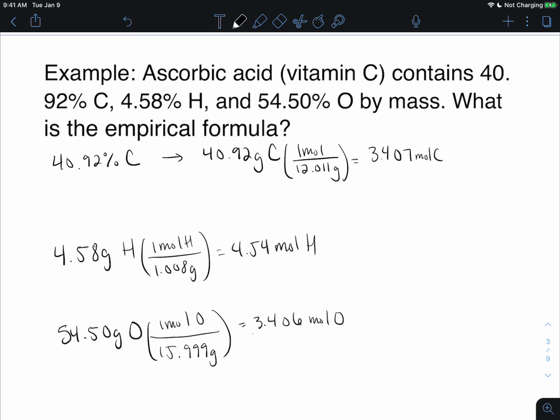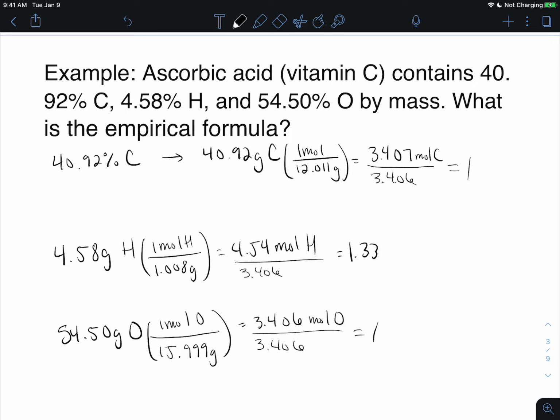So our smallest is oxygen, so we're going to divide all of them by 3.406. This gives us 1, and then we take 4.54 divided by 3.406. We get 1.33.